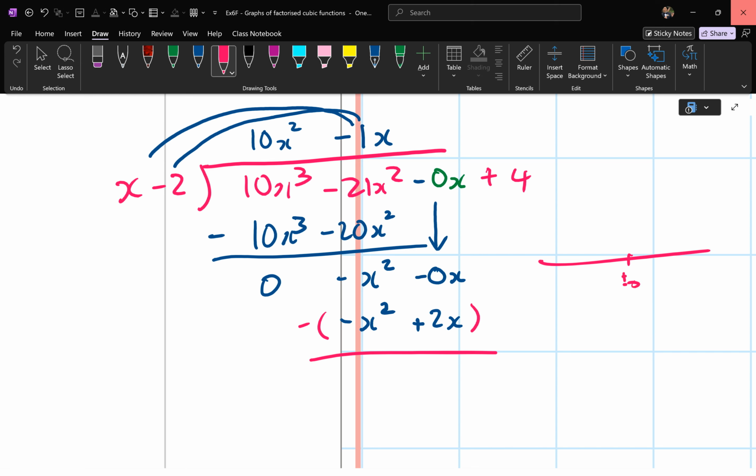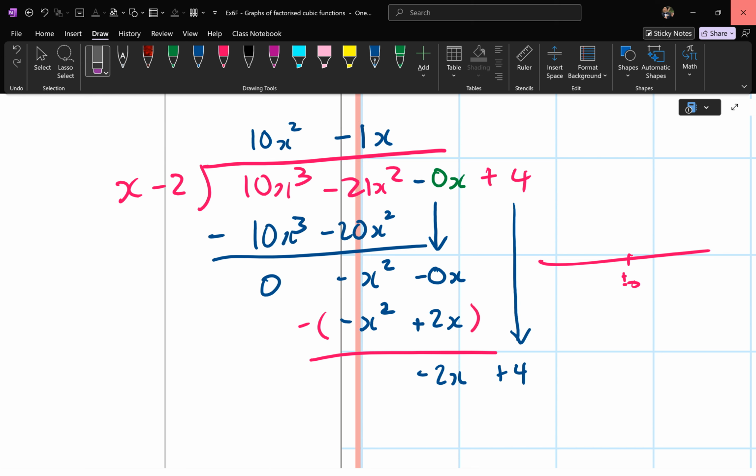Whether it's positive or negative doesn't matter, it still stays in the same spot. And then you're saying minus 2, you're still going to get minus 2x. And then you drop this one down, and then you continue the last step, which is, what do I multiply to x to get minus 2x? Minus 2 is there, so minus 2 times that is minus 2x, and minus 2 times minus 2.